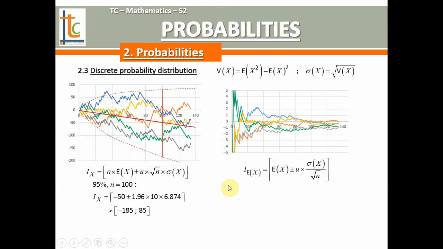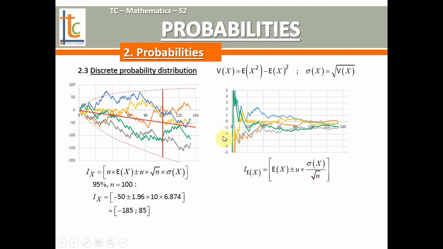The result is the confidence interval for the expectation or for the real frequency, that will be E of X instead of n times E of X, and u sigma divided by square root of n instead of multiplied by square root of n. This time, the possible variability of the reality decreases as the number of attempts increases.